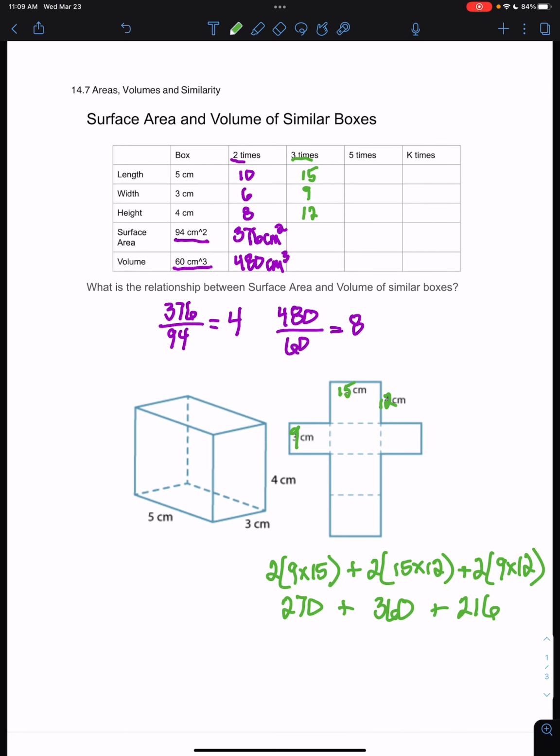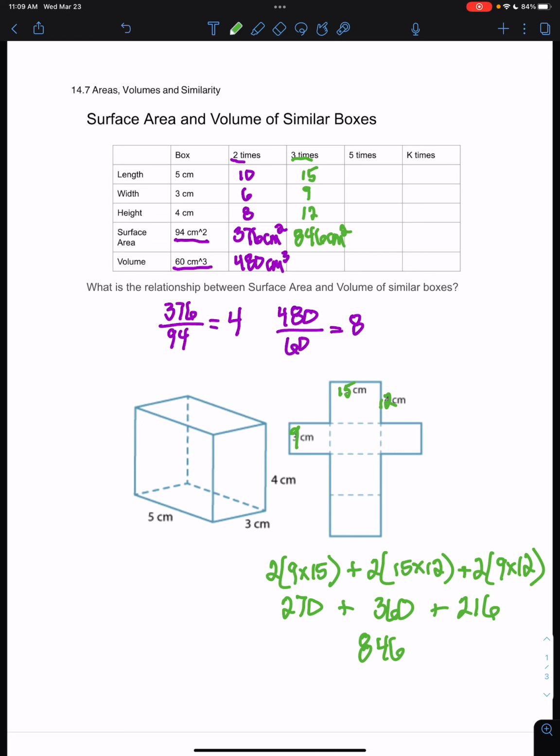So 216 plus 360 plus 270 gives us 846. Don't be afraid to pause the video at any time and try this on your own and check my work. Don't just trust me, believe me.